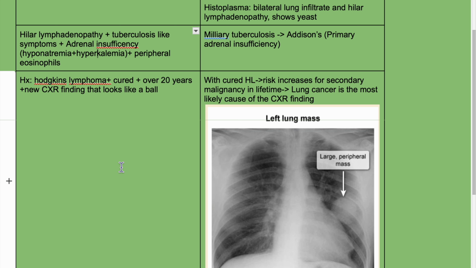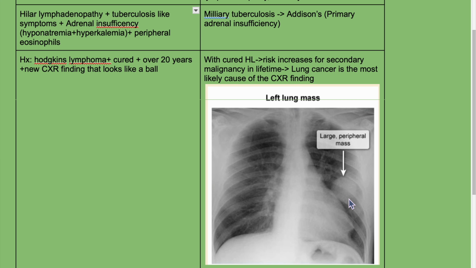They said that a person who has cured Hodgkin's lymphoma will have an increased risk of other malignancies during their lifetime, right? So that's what this is. So left lung mass, chances are that's going to be a malignancy. So with cured HL, risk increases for secondary malignancy in lifetime. Lung cancer is the most likely cause of the chest X-ray finding.